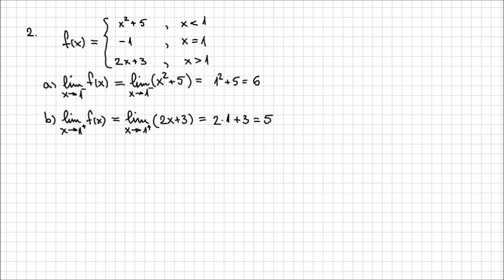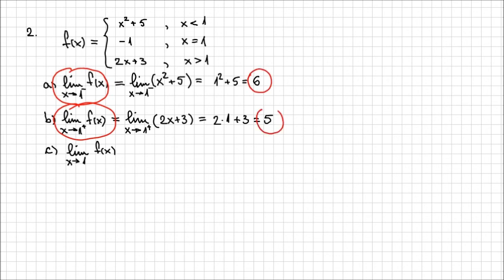which is equal to 5. Now, at point C, what we need to determine is the limit of f of x when x approaches 1. Well, that doesn't mean that I'm going to go looking in the definition of the function and say, okay, x equals 1, then f of x is minus 1, so this limit is going to be minus 1. No, that's wrong. You don't approach it like that. What you do is you rely on a definition that says that the limit of a function exists if the left hand limit and the right hand limit of that function exist and they are equal.